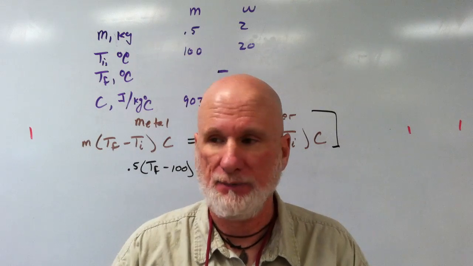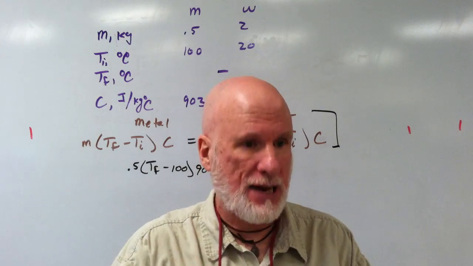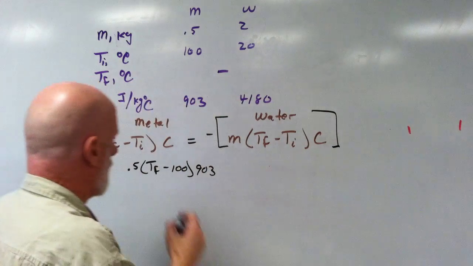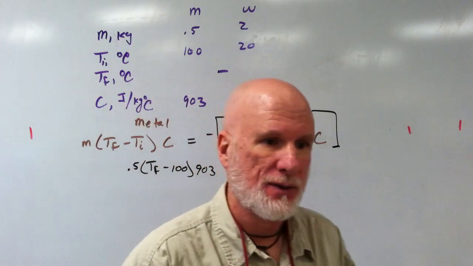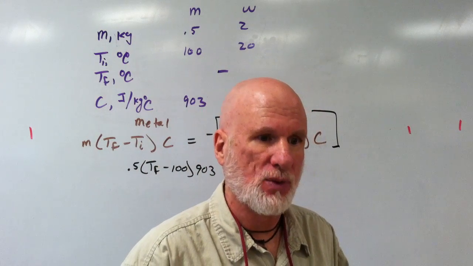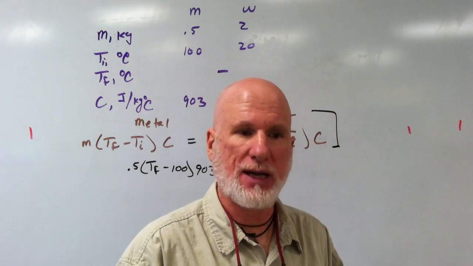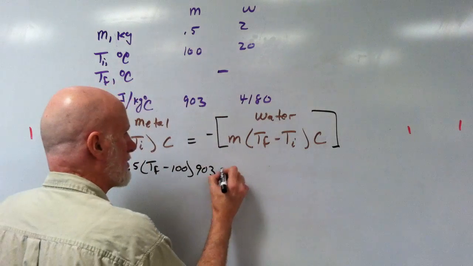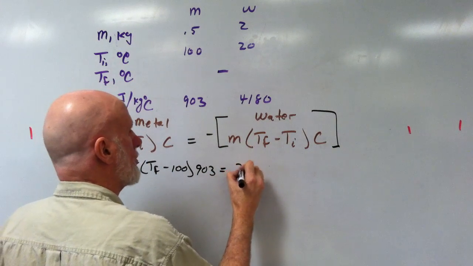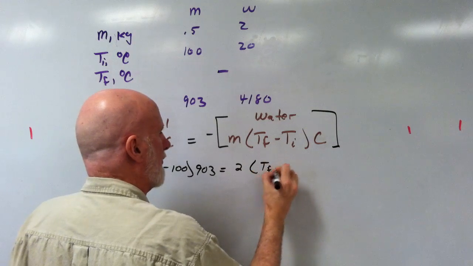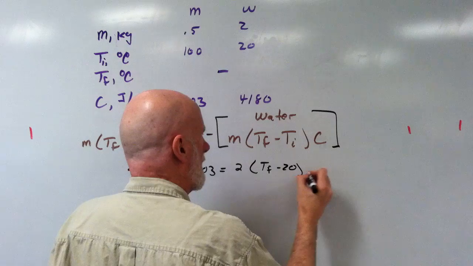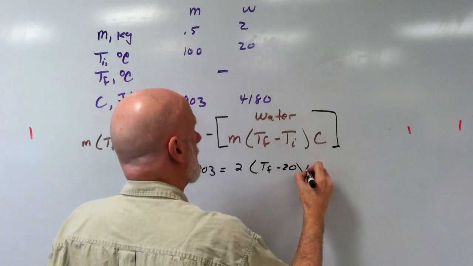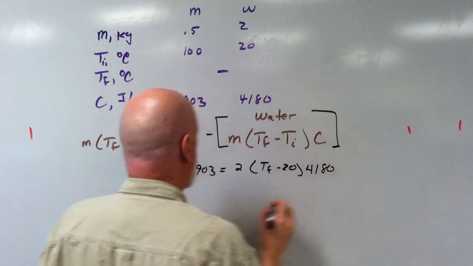Easy? All right, now. We want to calculate the final temperature. So we're going to plug in all the data with the exception of final temperature, and then we'll calculate final temperature, and then I'll explain what the answer means. Okay? So this is going to be 2 (TF minus TI is 20), and that'll be 4180. Okay?